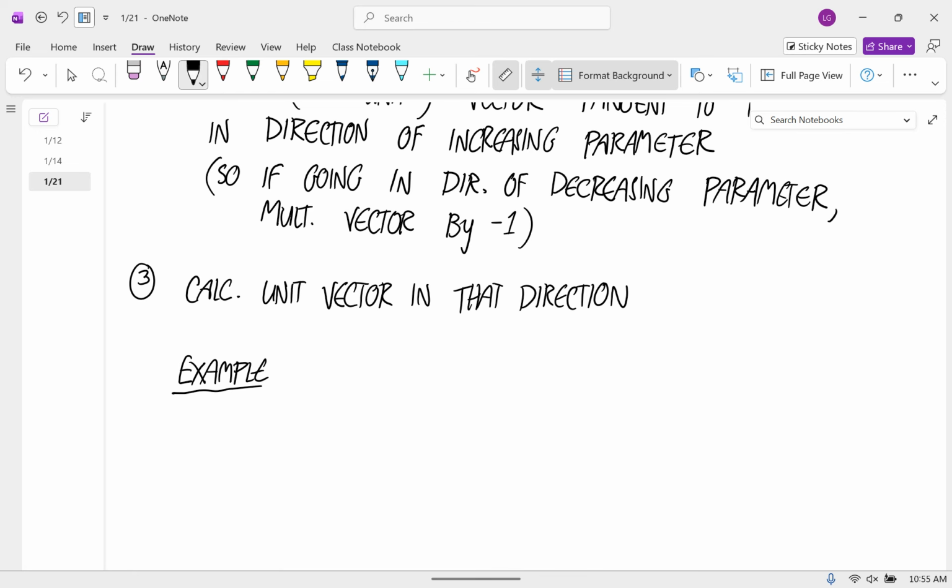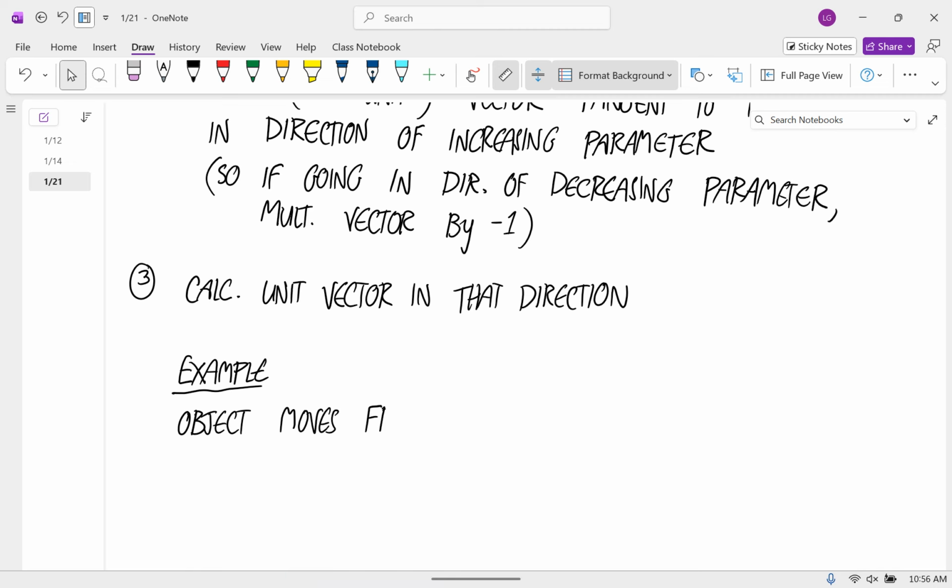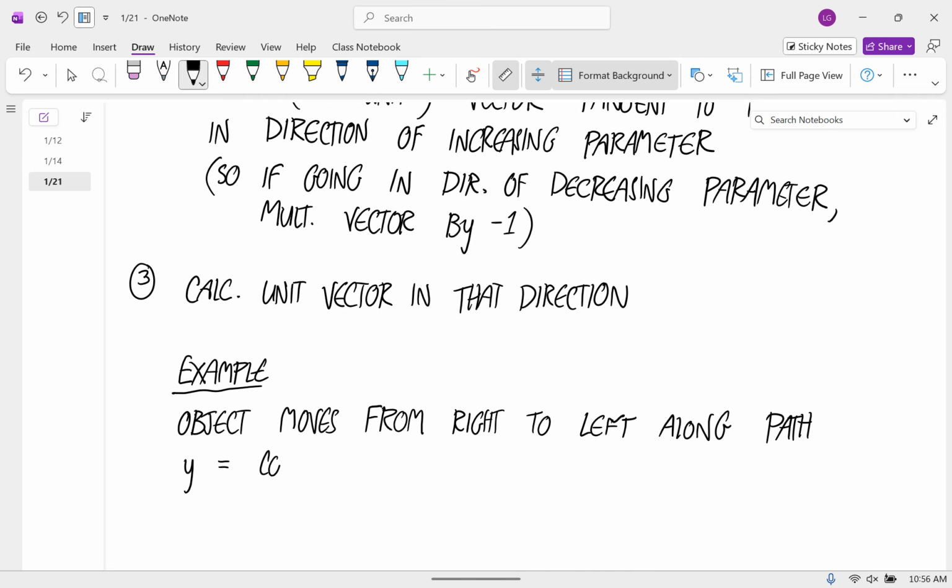So let's say that the object moves from right to left along the path y equals cosine of x.